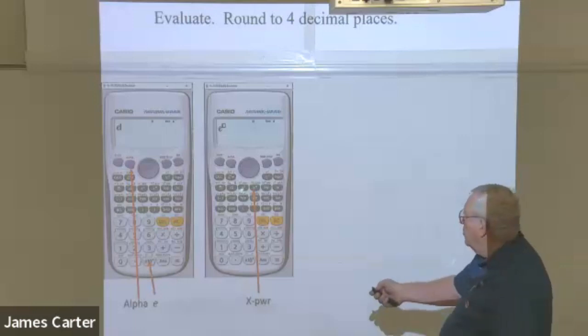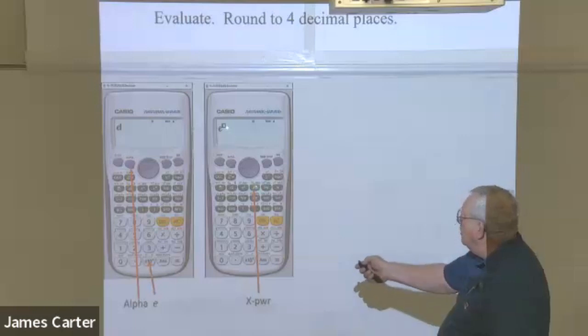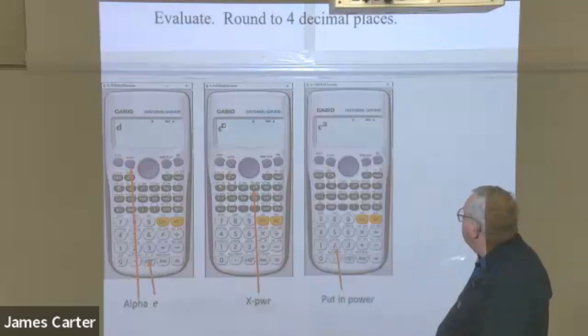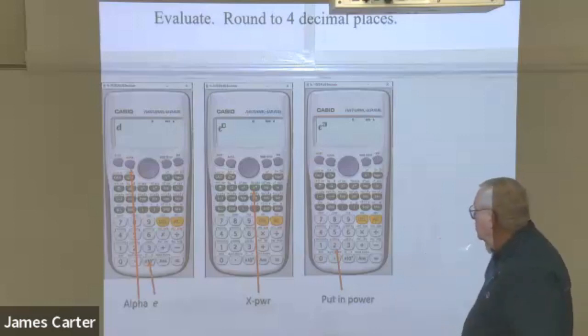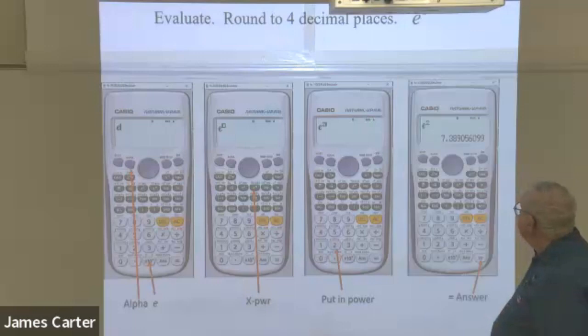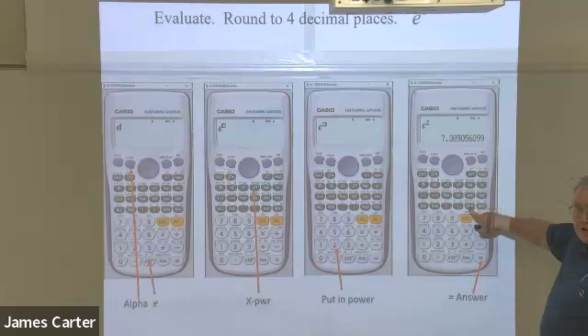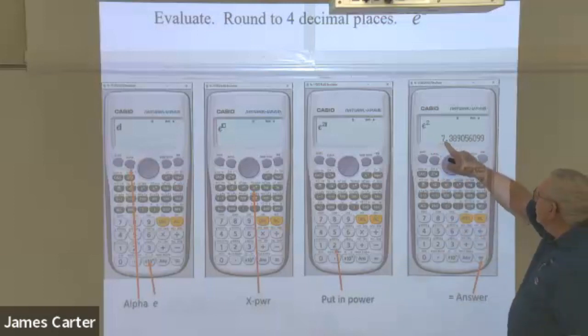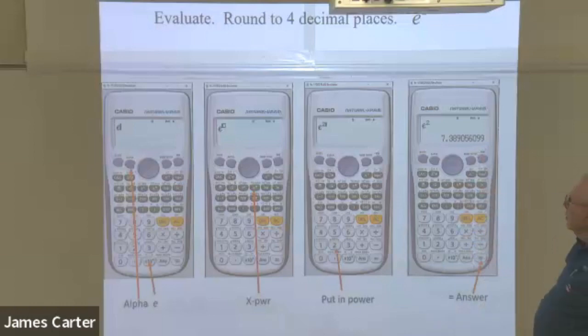If you want it squared, you could use that one, but if you want anything else, you use the unknown power button, and then you type in, in this case, a 2. Then finally you hit the equal button, and you may or may not have to hit the standard decimal button to get an answer. So e squared is about this, or in other words, almost 3 times almost 3.